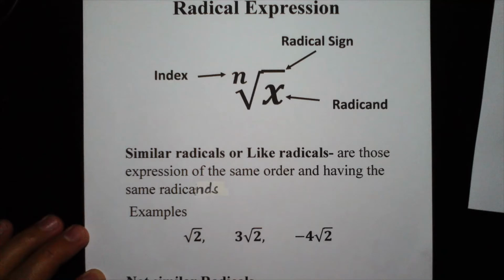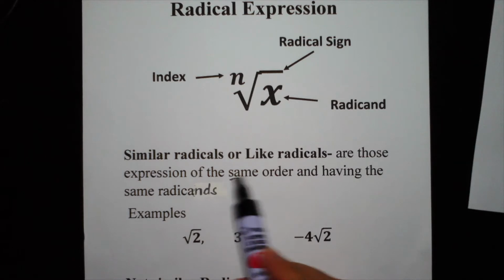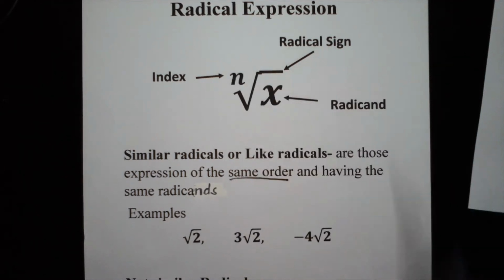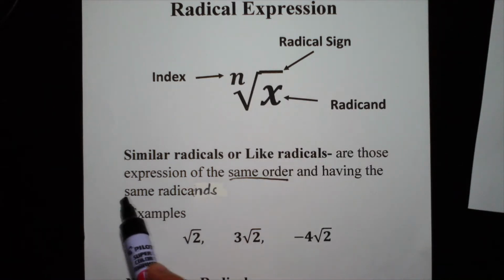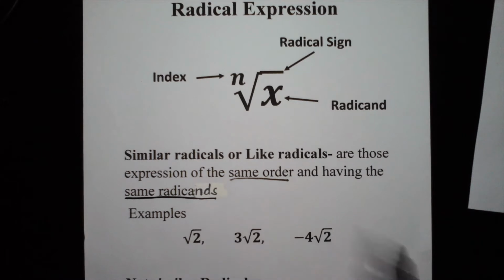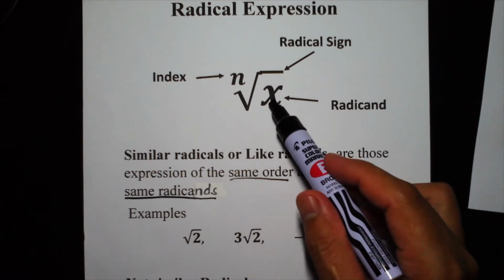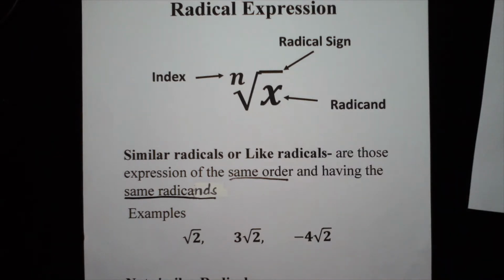When you're talking about similar radicals, these are radical expressions that contain the same order, which means they should have the same index and the same radicand, the same term inside of the radical sign.